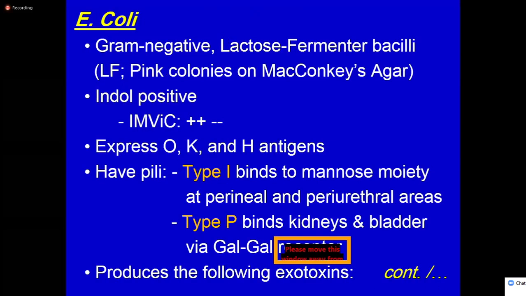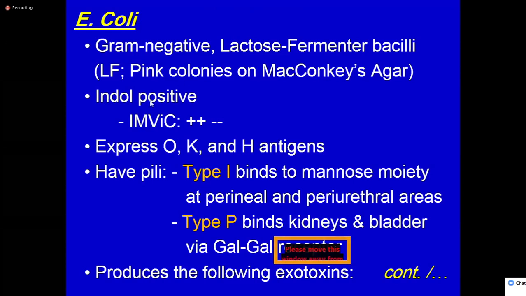Let us go into some more details about E. coli regarding urinary tract infection. We mentioned E. coli previously in different situations, but today we will talk about it in regard to UTI. E. coli is gram-negative, as you know, a lactose fermenter, LF, that is to say it produces pink colonies on MacConkey's agar.